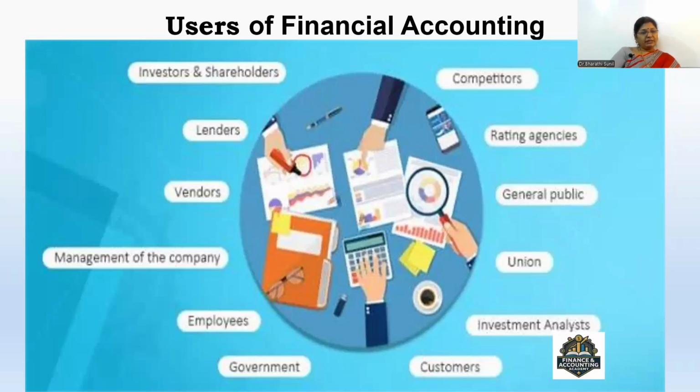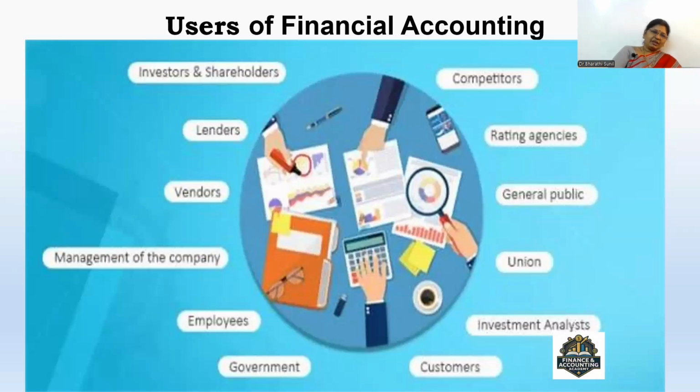They want to know whether the company has ethical practices or is also doing corporate social responsibility. For this purpose, even the general public and society want to know about financial accounting. Next, competitors. They are not directly involved in the company, but they observe the company's market actions and performance.